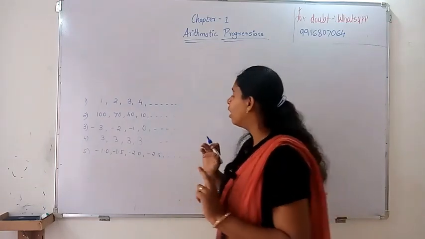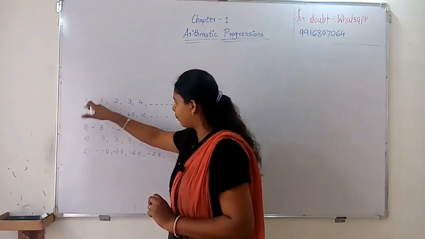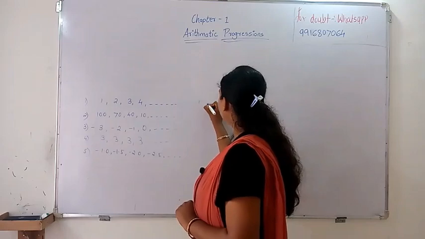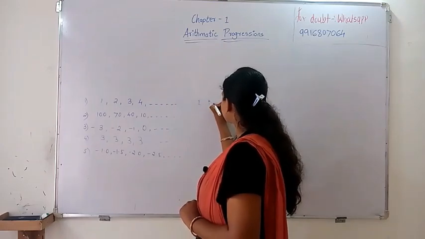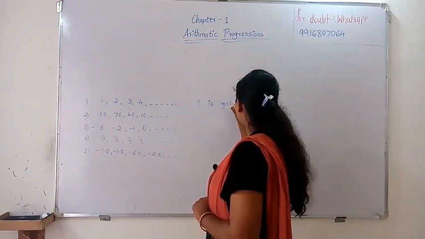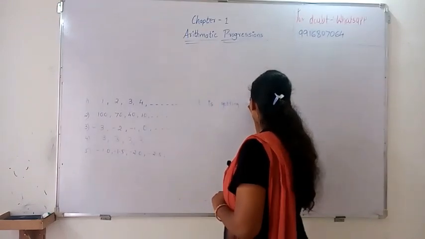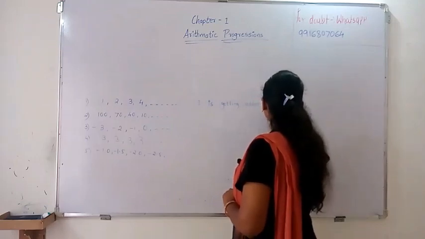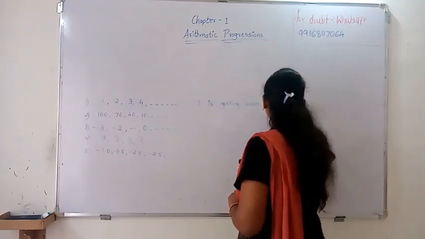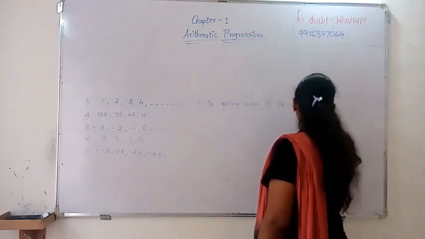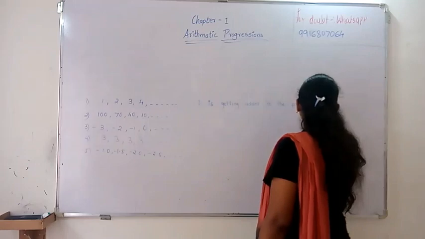In the first example, 1 is getting added to the preceding term.